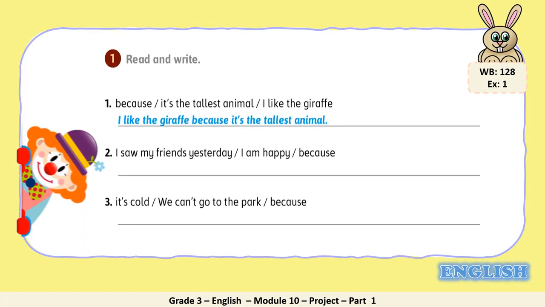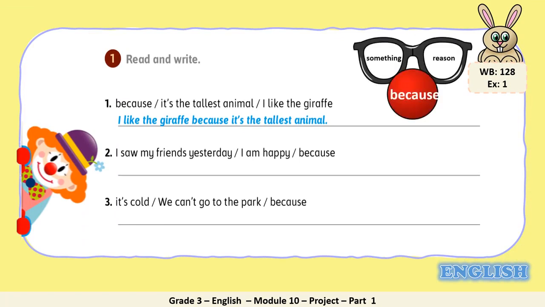Let's use Mr. Because's glasses to do the following exercise in your workbook. You should know that because always comes in the middle of a sentence. So, while reading, you have to be able to tell the difference between something and its reason to put the sentence in the correct order.